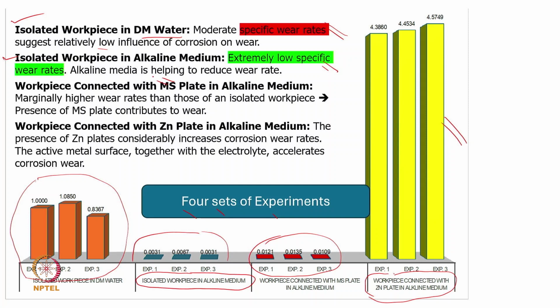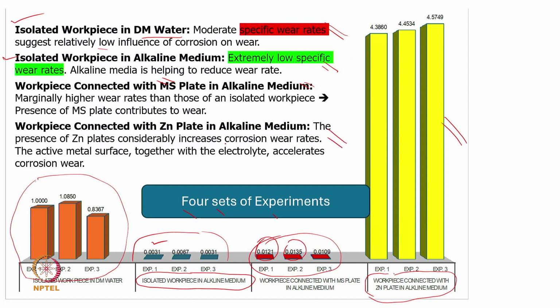In the presence of mild steel, which is not connected in a complete environment but is present in an alkaline medium, the wear rate increases to some extent, like in this case 0.0031, here 0.0121, and 0.0135. So it is at least increasing 2 times.